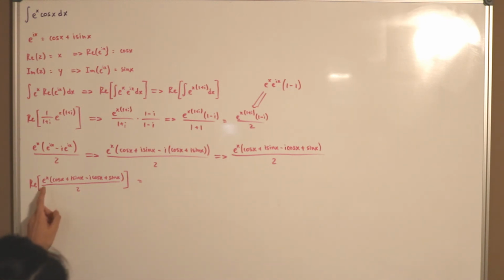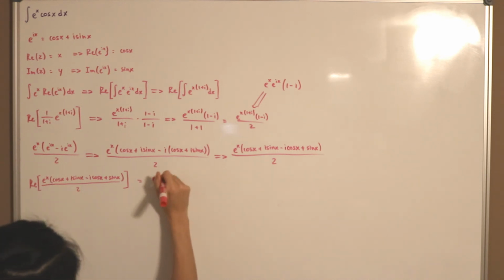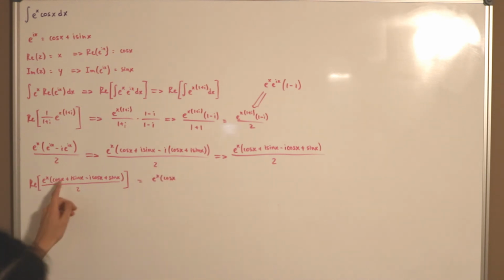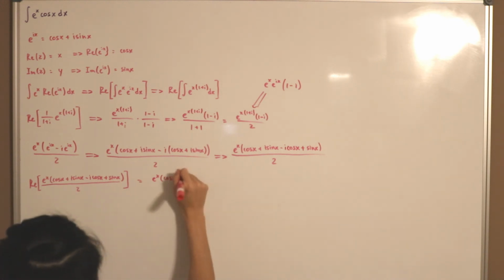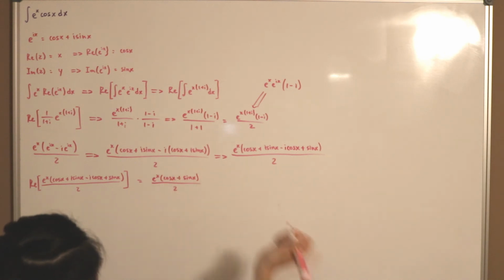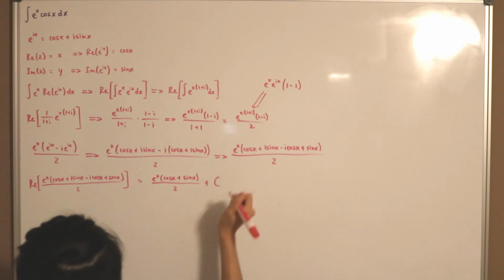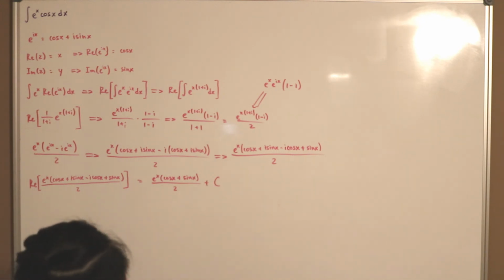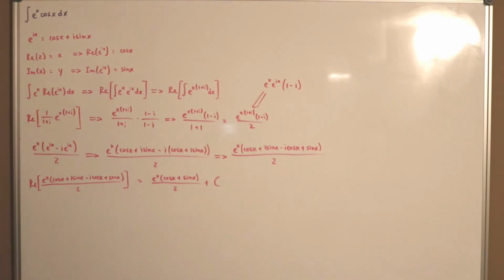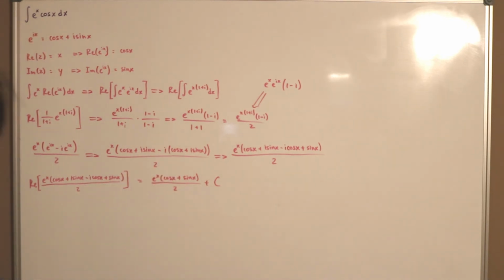So the real part is e to the x multiplied by (cosine of x plus sine of x) divided by 2. And that's our indefinite integral. Since this is indefinite, you put a plus C for the constant since we don't have bounds. So there we go. And you can see that when we do integration by parts, we get the same answer as this. So it comes out pretty nice. It's pretty sweet.